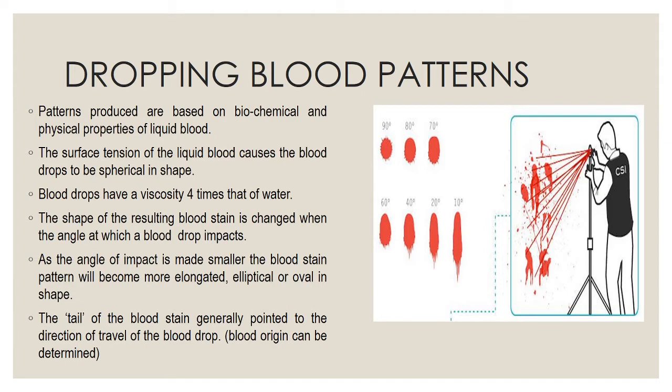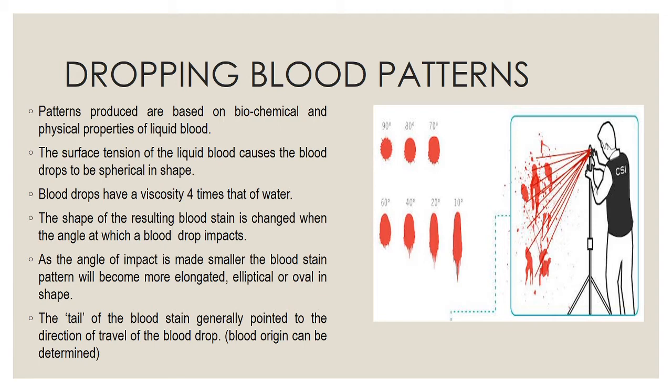And when a blood drop is released from the blood source, maybe a finger or legs or any part of the body, if it is oozing down, it will oscillate slightly during its fall. So oscillation is also a property.